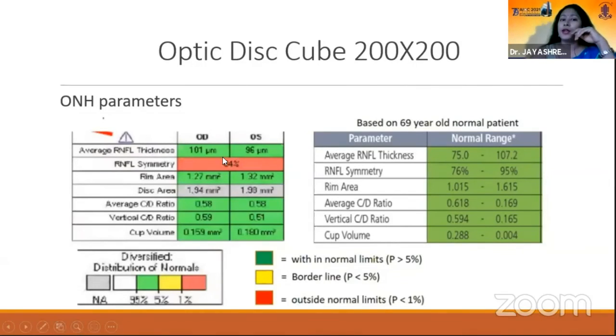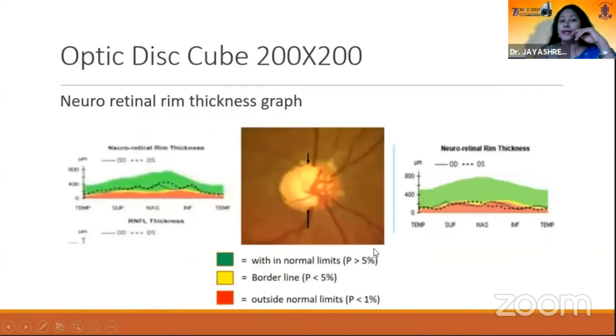So here again, the color coding comes in use. We can see the RNFL asymmetry, and the color coding is basically the same. Same thing holds good for the neuroretinal rim thickness, RNFL rim thickness. If we see it in the green zone, we are sure that it's normal. In the red zone, there is some defect. And we can compare both the right and the left eye. The right eye shows a solid line, the left eye will show you a dotted line.